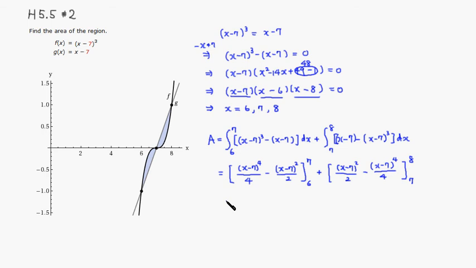Let's compute that. If you plug in 7, you see that it's 0 minus 0. So you get 0 minus 0 minus, plug in 6. 6 minus 7 is negative 1 to the fourth, so it's going to be 1/4, minus negative 1 squared, so that's 1/2.